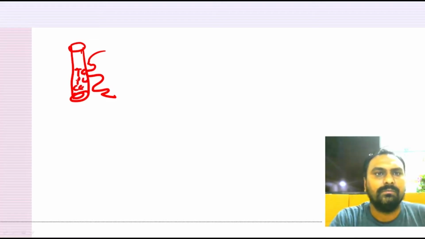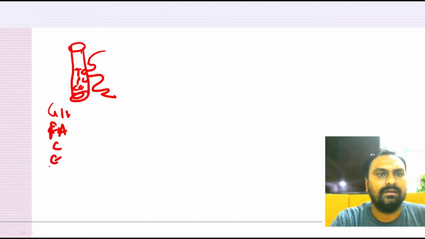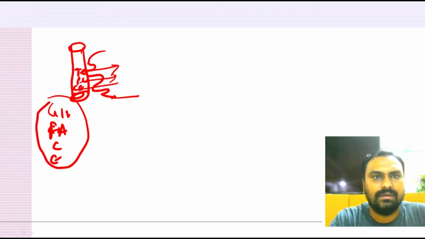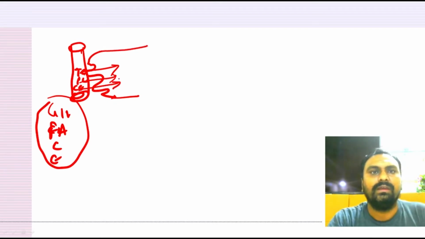They are broken down by the pancreatic lipase to glycerol, fatty acid and cholesterol, and they will aggregate to form the micelle. This micelle will be absorbed in the intestinal cell, and then again they will be re-esterified to triglyceride, phospholipid and cholesterol ester.